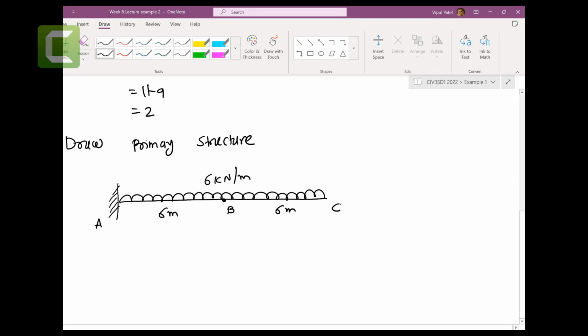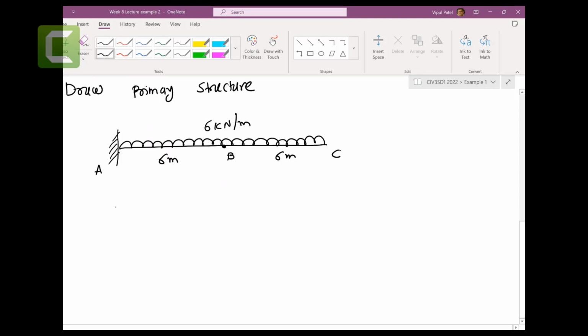When I remove this one, then the structure becomes, not, by the way, not like this. You have a horizontal line here, and then you just got this point.